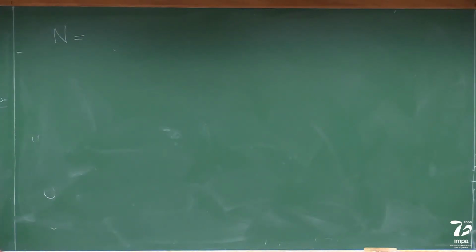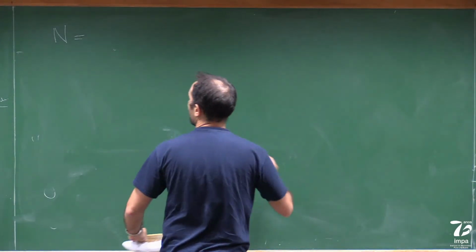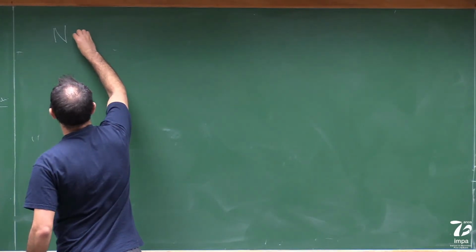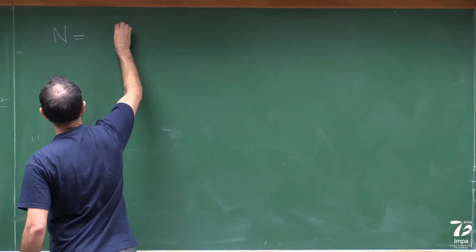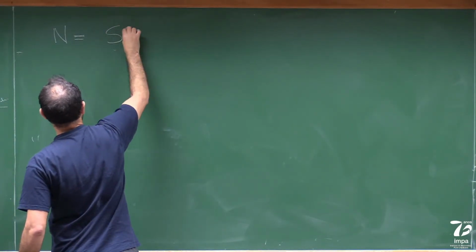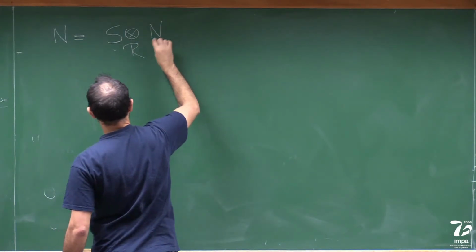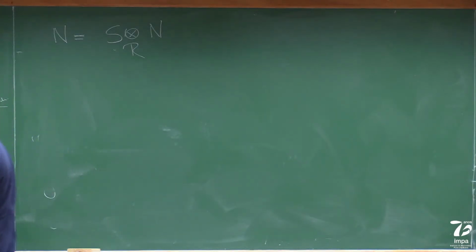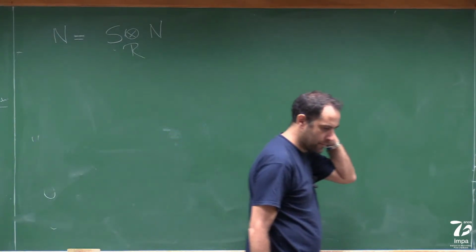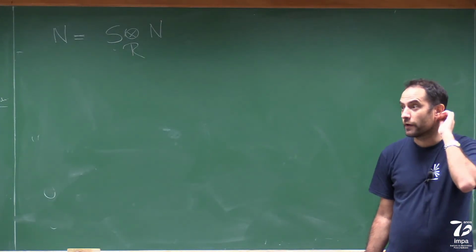And this requires some work. I would want N to be something like S tensor over R with N, and I would want that guy to be an S module. That works, so it's fine. So this is an S module now on the left.